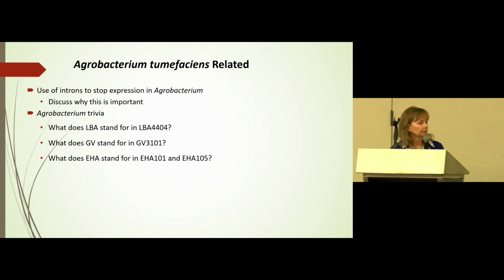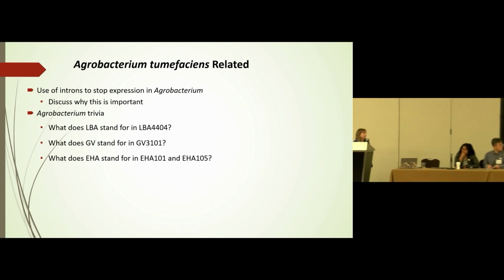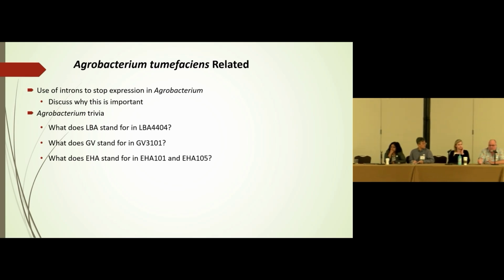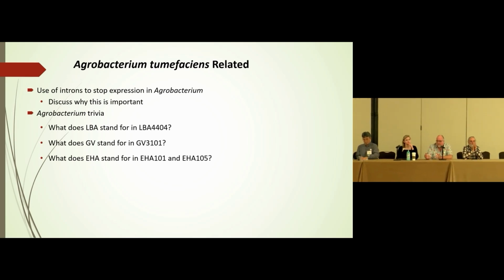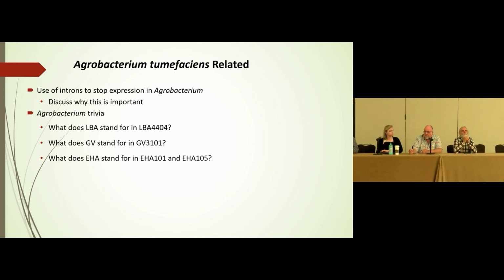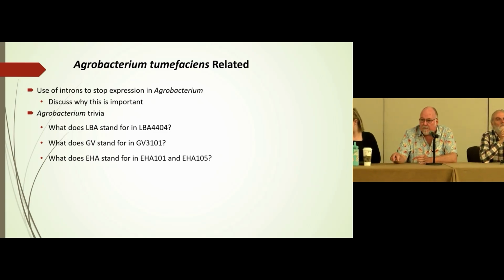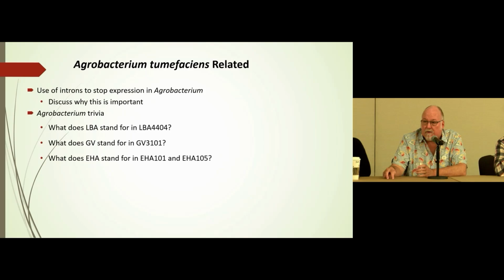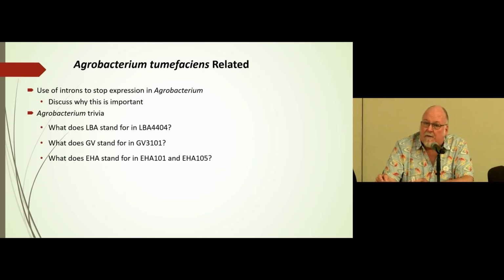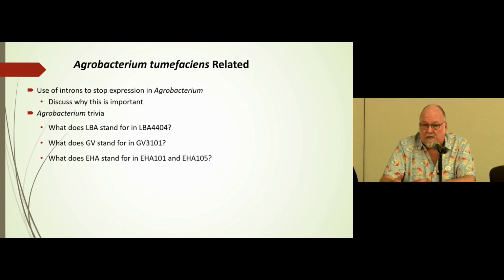No? So you can get this kind of spurious and unexpected expression of your plant cassette in the Agrobacterium. Agro will not recognize all plant promoters, but some promoters work pretty well in Agro. And a gene that you expect to be perfectly benign in the plant might, for some unknown reason, be toxic to your Agro.